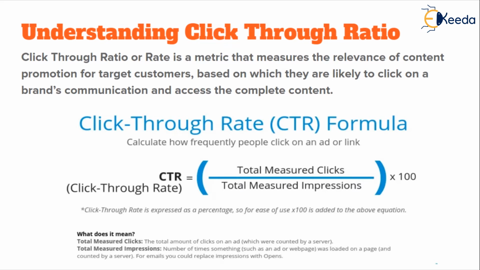Yes, this is a manual formula and therefore never of use to any content marketer, because nowadays everything is measured using analytics, and we'll just see in a while how that is done. It is for you to understand exactly the logic behind the click-through rate. So it is in the simplest form measuring if a customer sees your content, how likely are they to click on it.